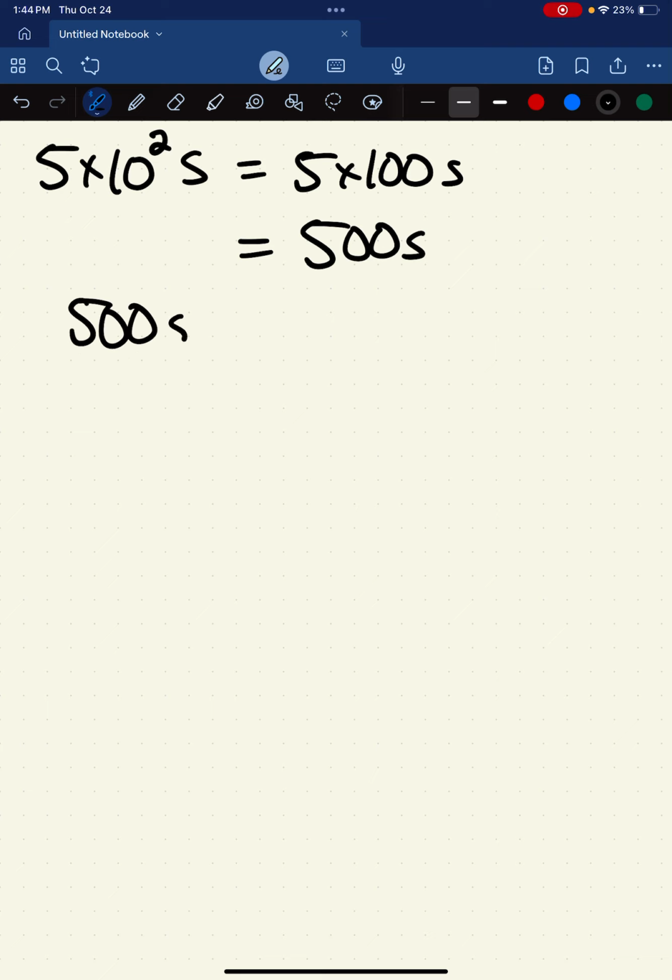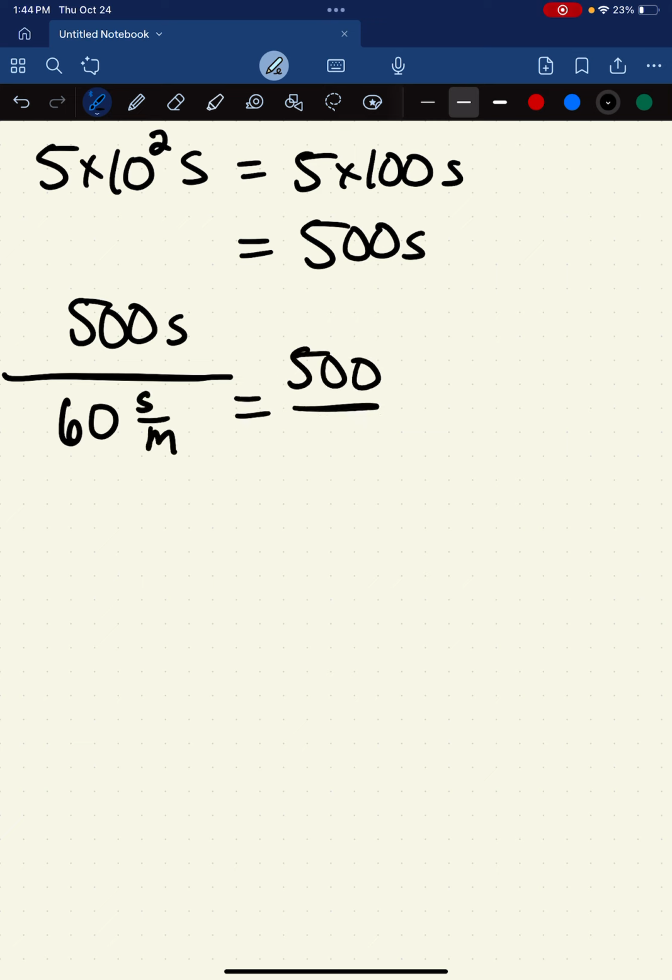Well, we solved the problem, but let's think about this a little further. 5 times 10 squared seconds is 5 times 100 seconds, which is 500 seconds. How many minutes is that? Well, 500 seconds divided by 60 seconds per minute is going to be 500 divided by 60.